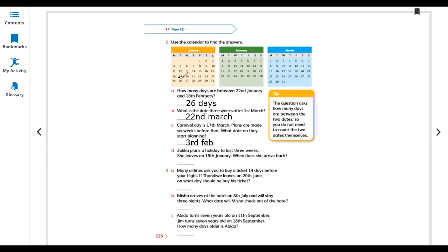Okay. So after 19 January, 1 week finishes, then the second week, 26 until this 2, and the third week finishes on 9. So it's 9th of February. So we write here 9 February.